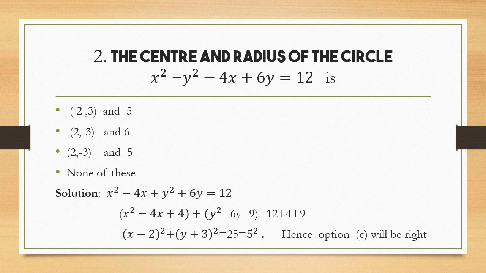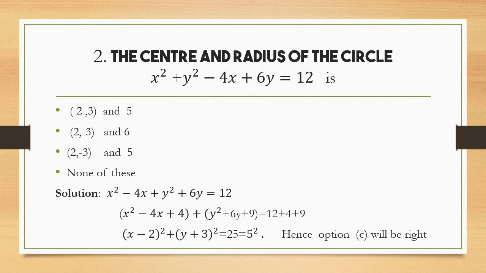So when I compare a square with x square, I get a equal to x. When I compare 2ab equal to 4x, I get b as 2. Therefore, b square is 4. That's why I wrote x square minus 4x plus 4. So that the term 4 is new to this equation, I wrote the same term 4 on the right hand side, so that when I cancel, I'll get my original equation.